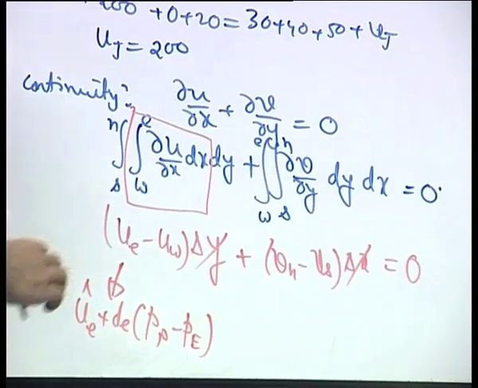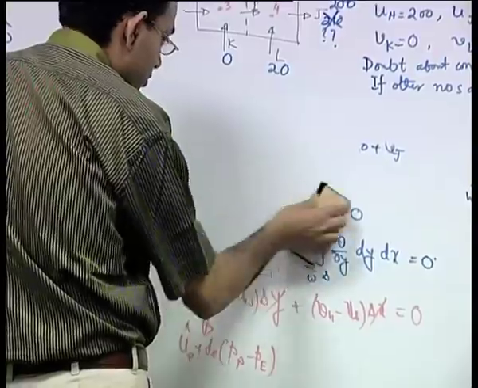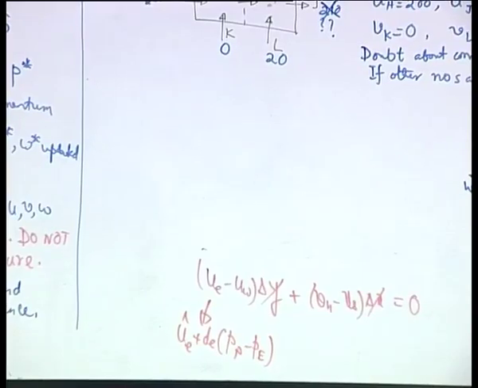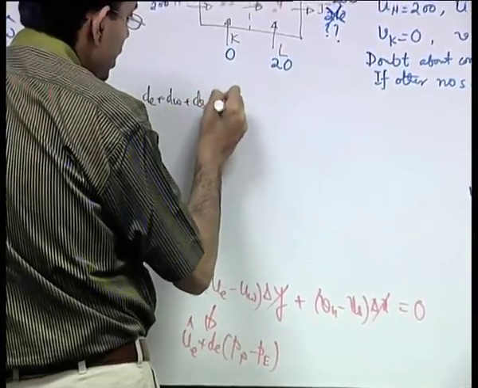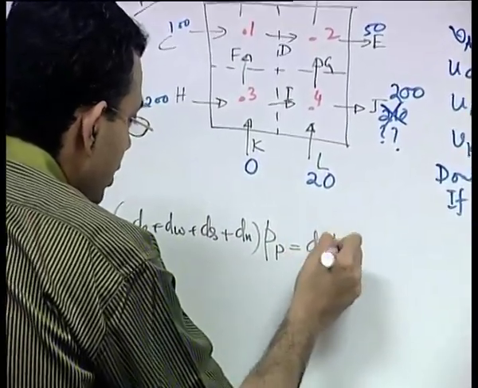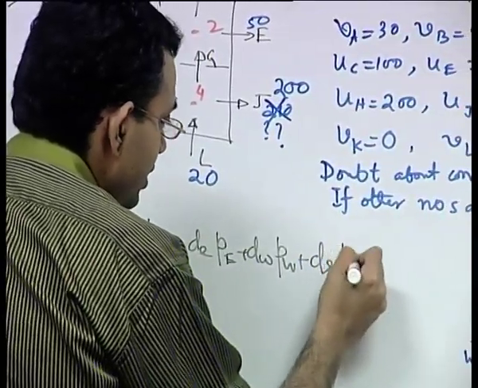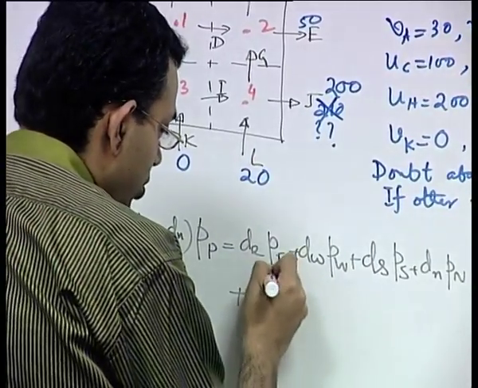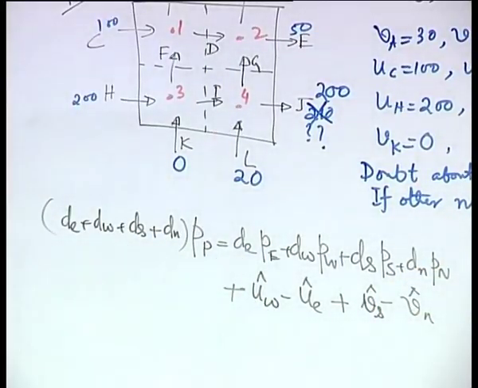Similarly, you write for the other 3 terms. Once you write that, then the equation that you get is dE plus dW plus dS plus dN into pP is equal to dE pE plus dW pW plus dS pS plus dN pN plus uw hat minus ue hat plus vs hat minus vn hat, that is the term B.